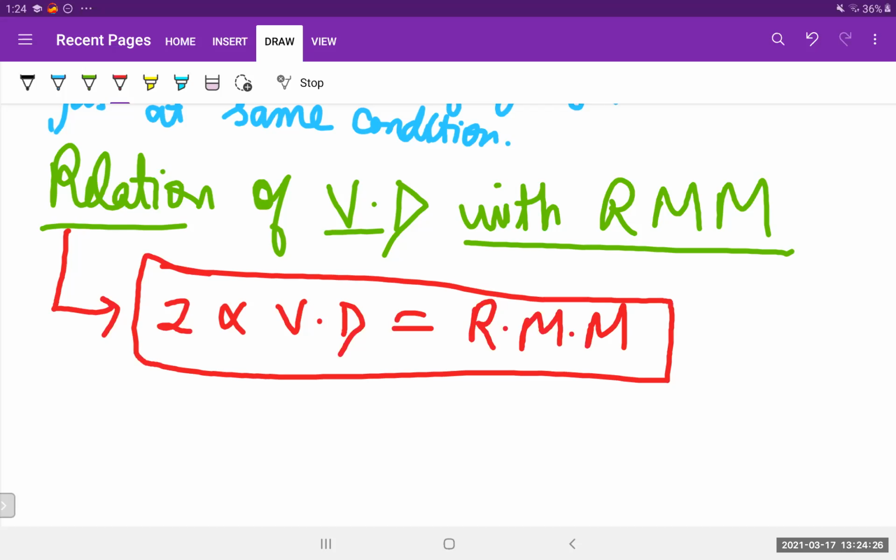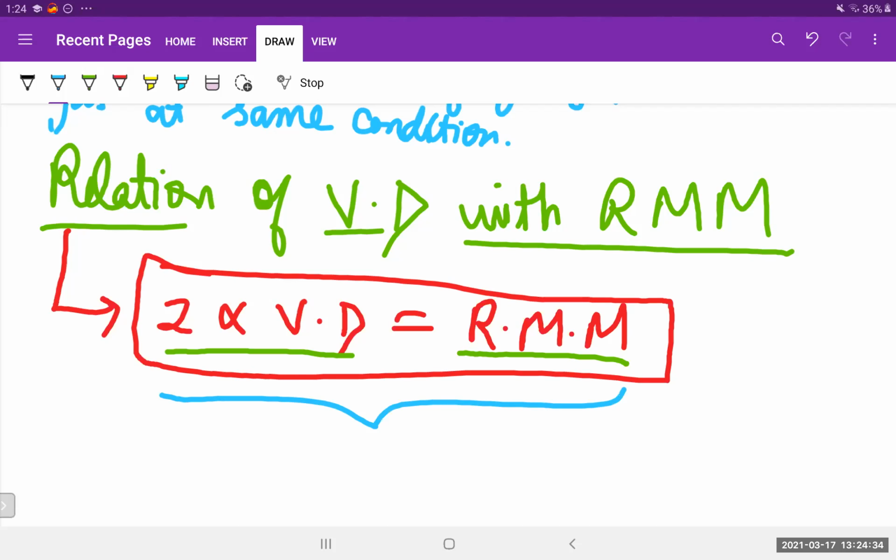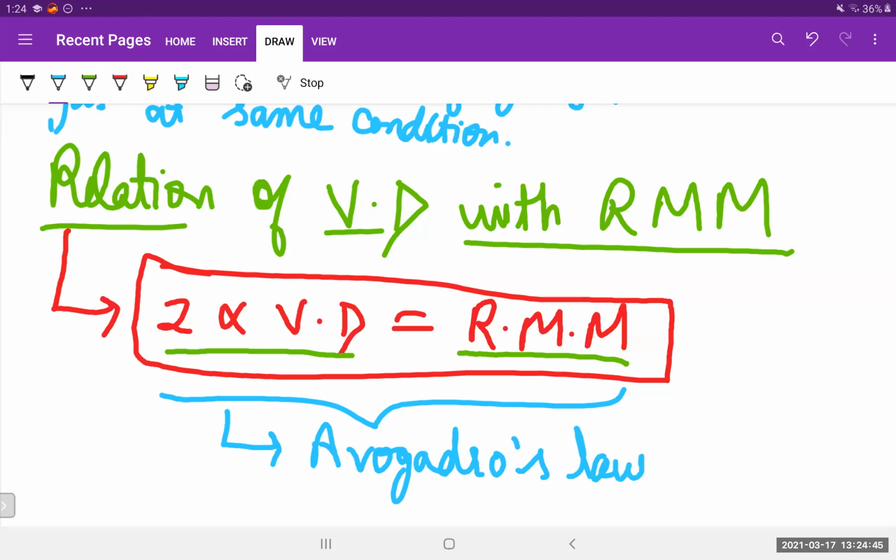Can you see? 2 times the vapor density equals to the relative molecular mass. And this whole statement is actually called Avogadro's law. I hope that it's clear.